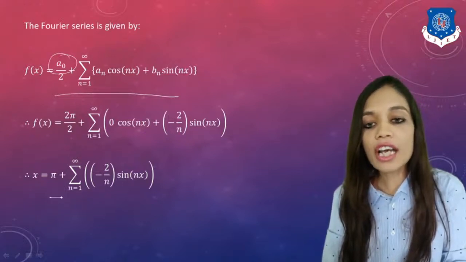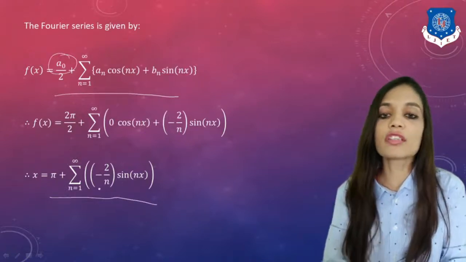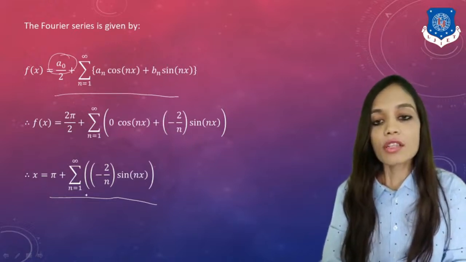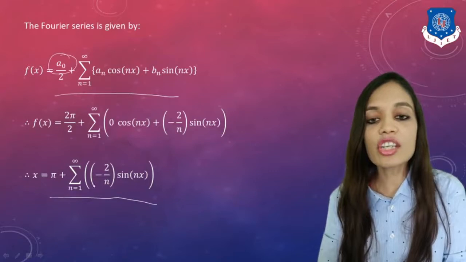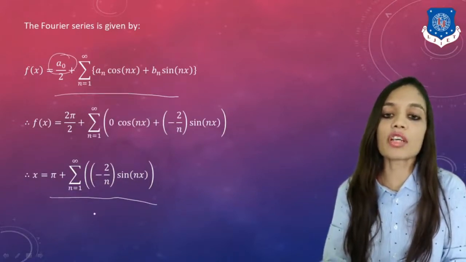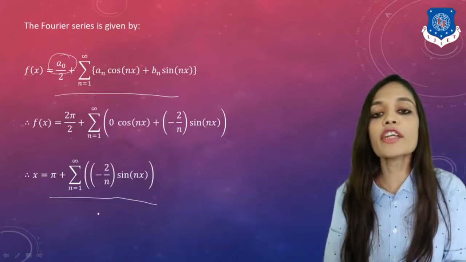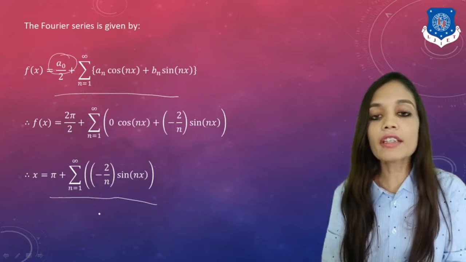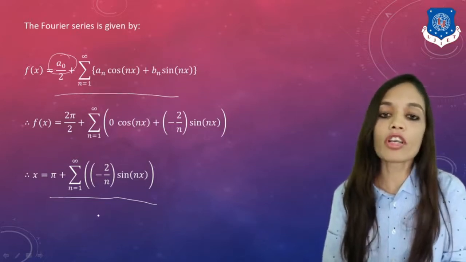So finally we are done with the solution of the Fourier series of the function f of x is equal to x. So today we have studied the Dirichlet conditions. Any given function should satisfy those conditions in order to find its Fourier series. Next, we have studied how to find the Fourier series of a 2 pi periodic function.